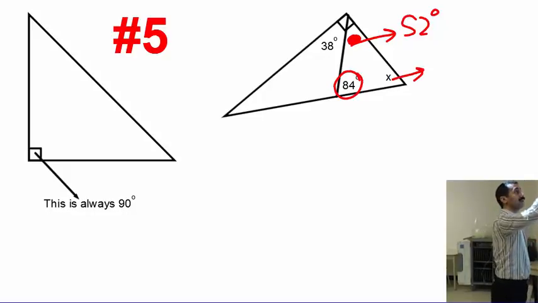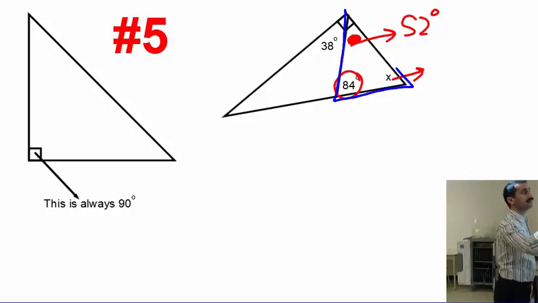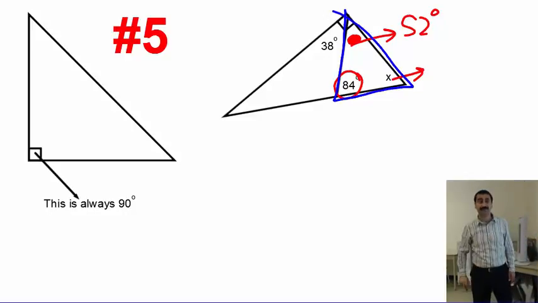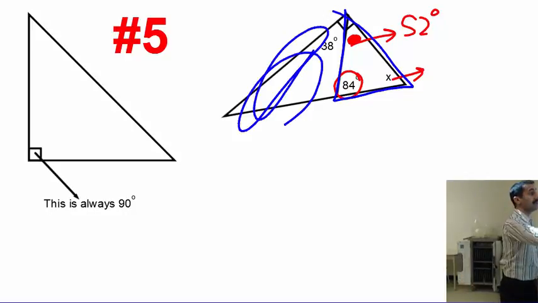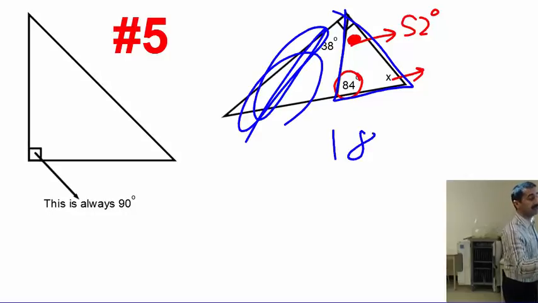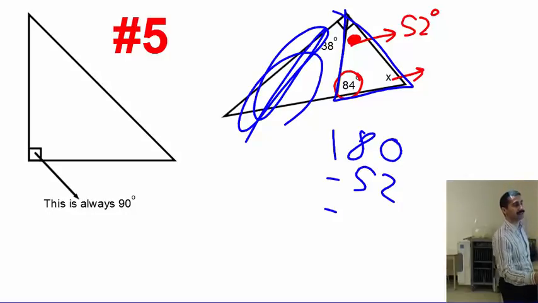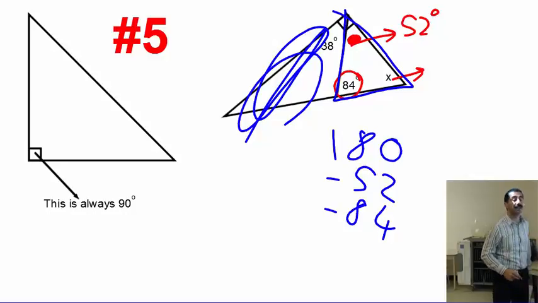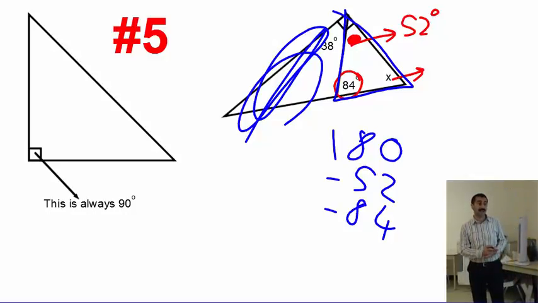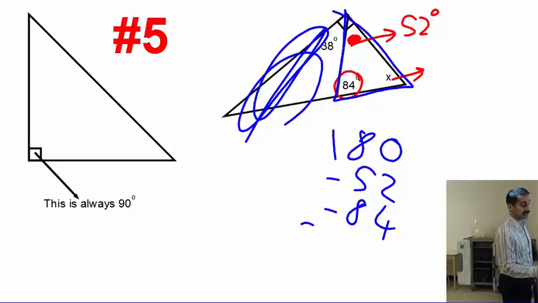And now we are talking about a triangle. So ignore the rest. That means 180 minus 52 minus 84. That will give you x, the missing angle.